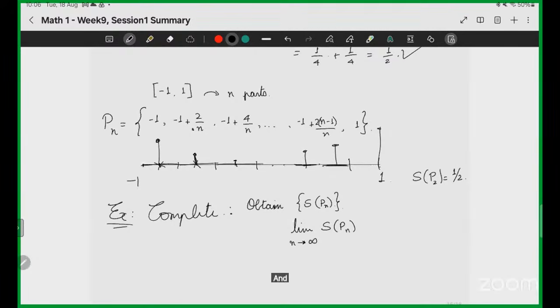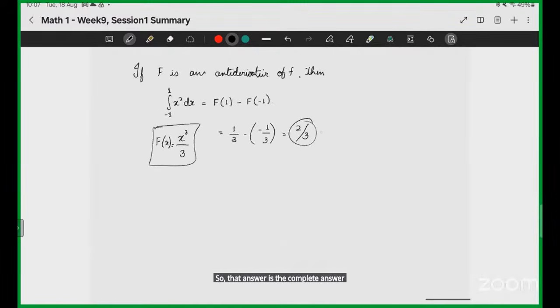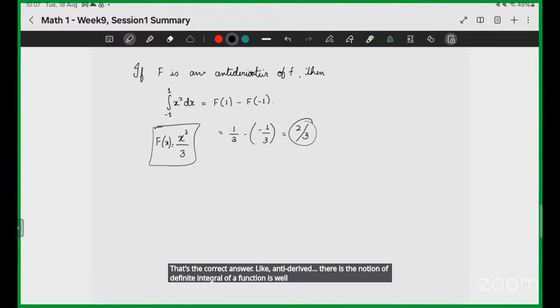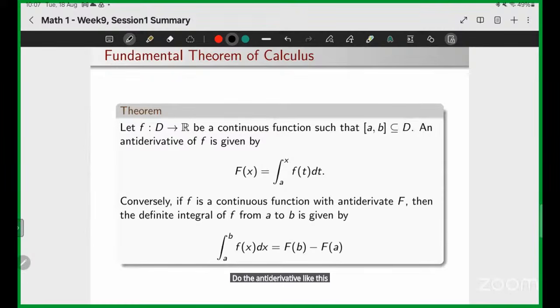And when we did it by the antiderivative method, that answer is the complete answer. Can we say that? Like antiderivative, there is the notion of definite integral of a function, which is well defined, and both of these are true. What does this theorem say? It says that if I do the antiderivative like this, it has to agree with this.